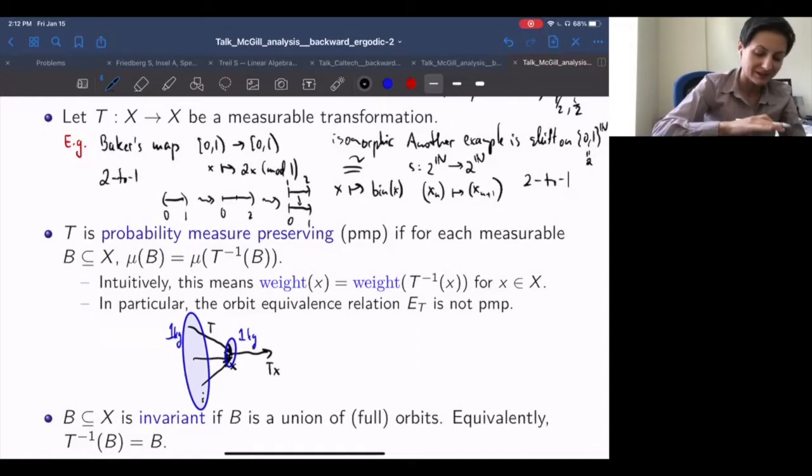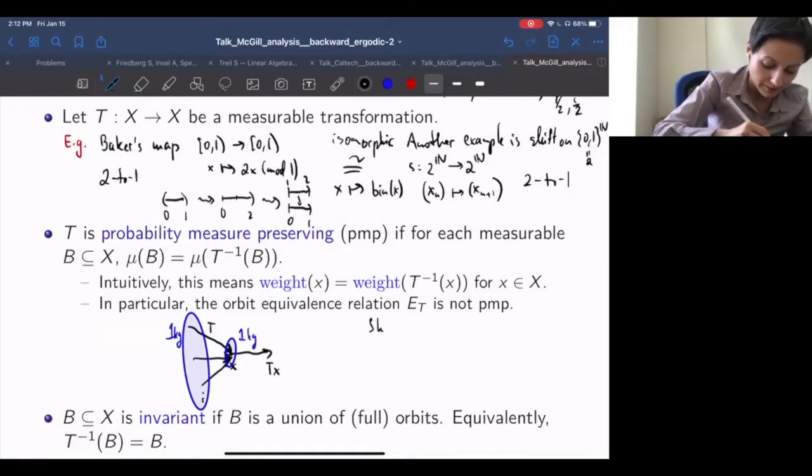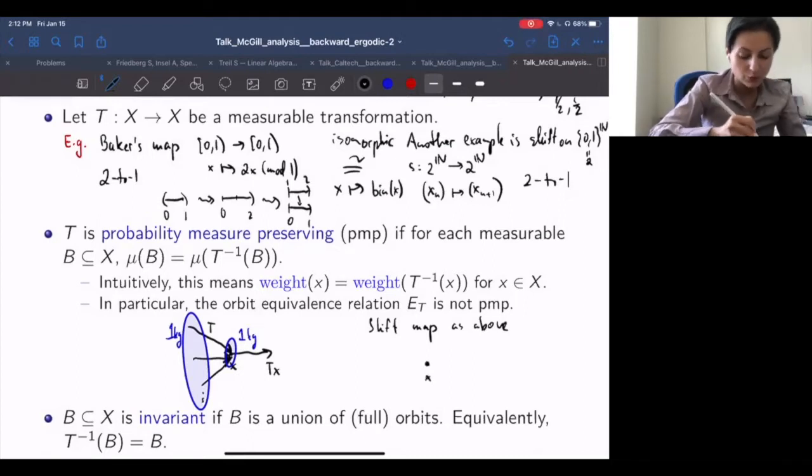There is no math yet. So if we look at the shift map, or equivalently the Baker's map, as above, if you have a point X, then it has two pre-images.